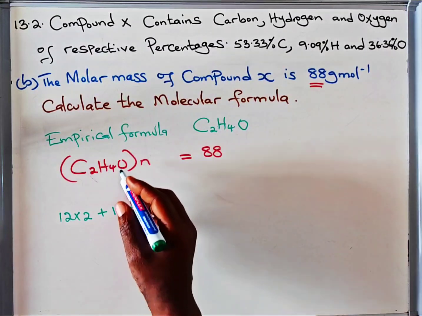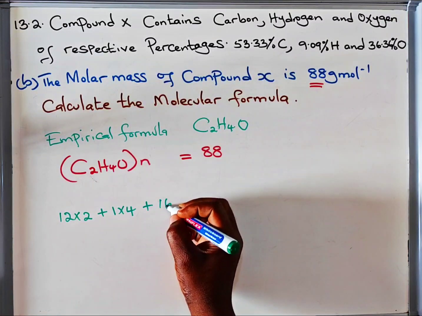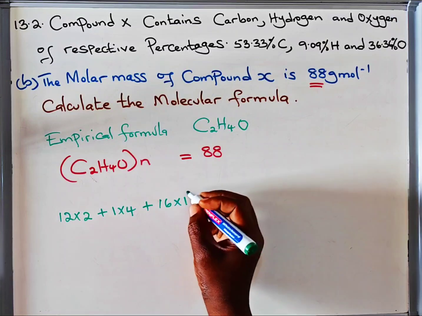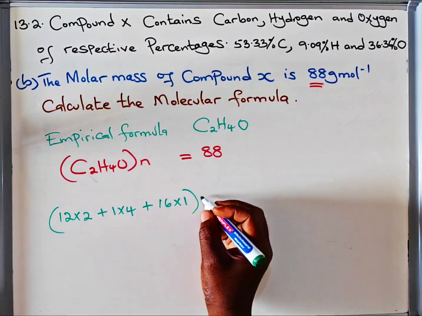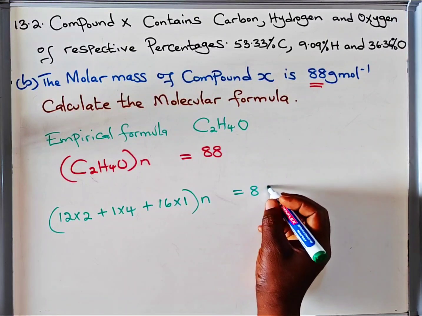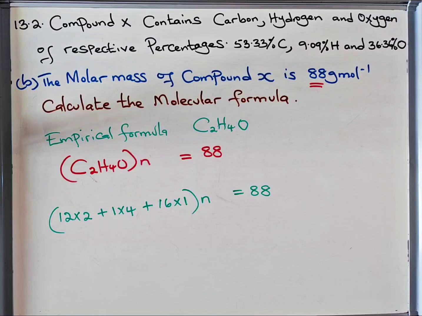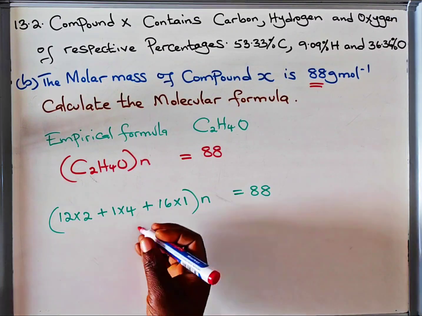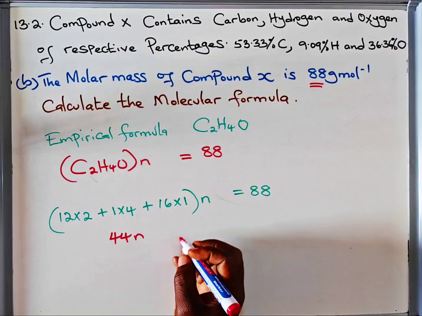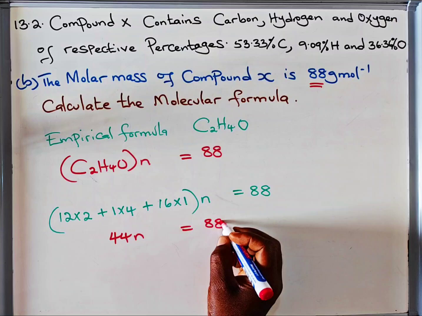You know the atomic mass of oxygen, it is 16, but times 1. All this is into n, giving you 88. So what do we get out of this? We get 44n, which is equal to 88.